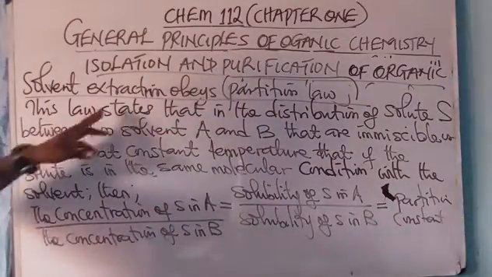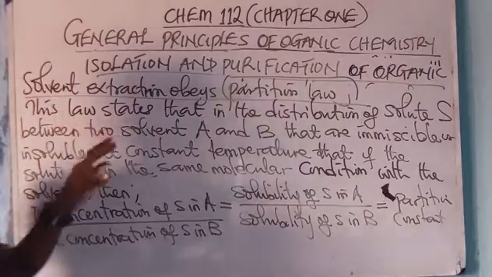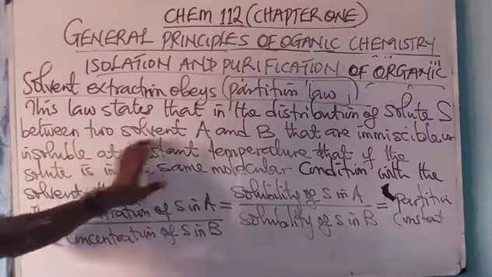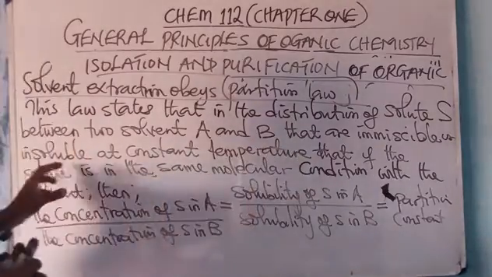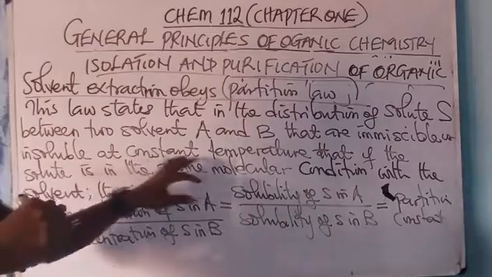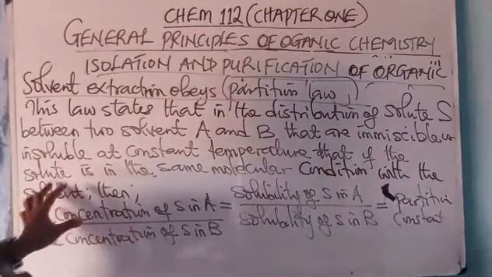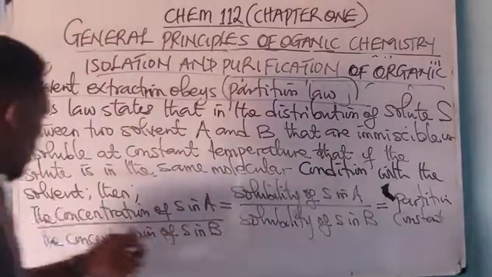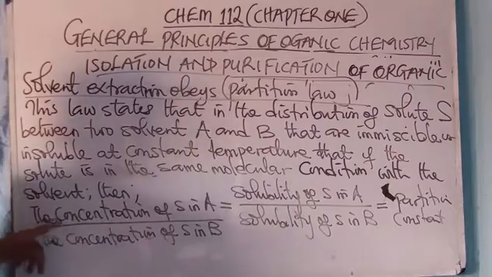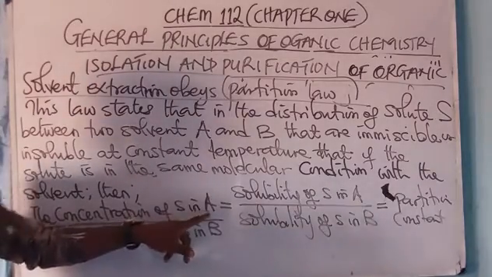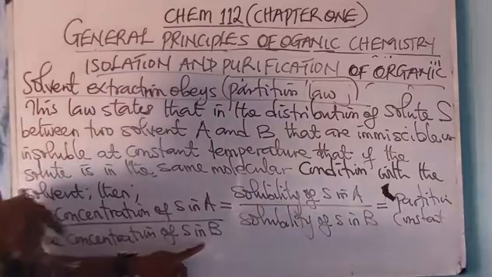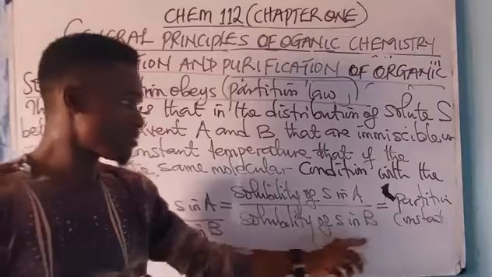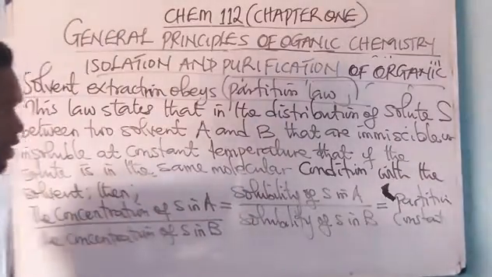I said solvent extraction obeys one law, which is the partition law. This law states that in a distribution of solute S between two solvents A and B that are immiscible or insoluble at constant temperature, if the solute is in the same molecular condition in the solvents, then the concentration of S in one solvent over the concentration of S in the other equals the solubility of S in A over the solubility of S in B, which equals the partition constant.